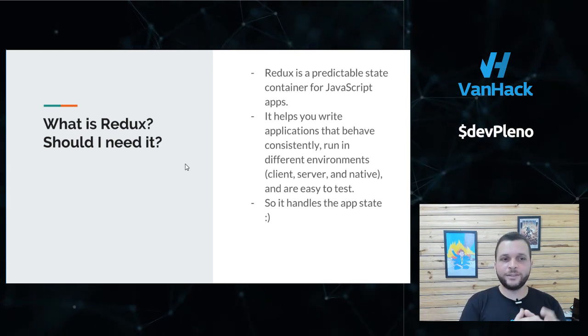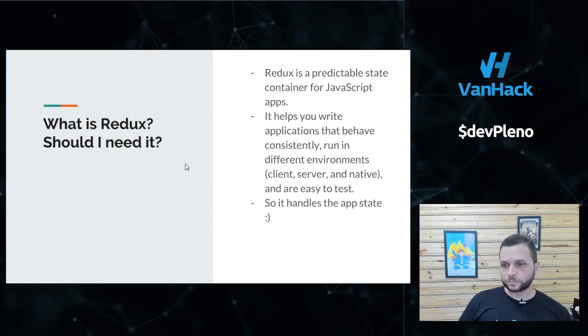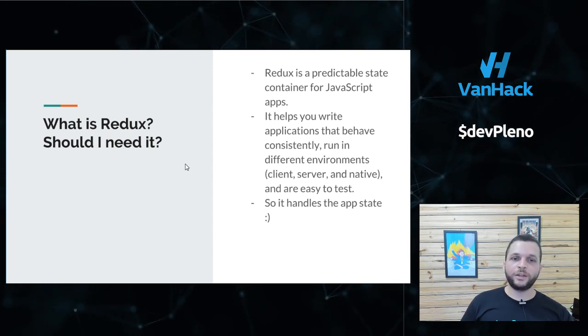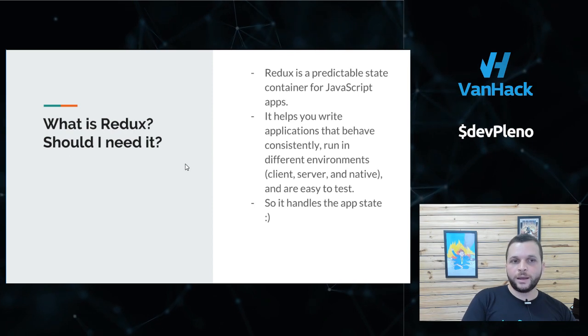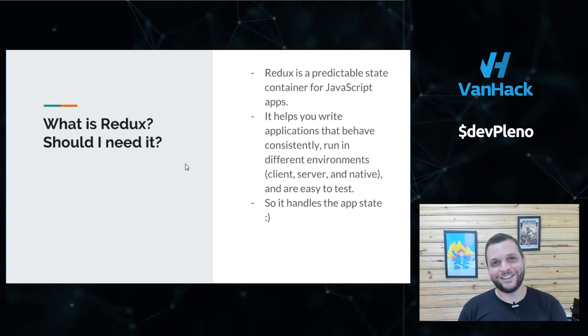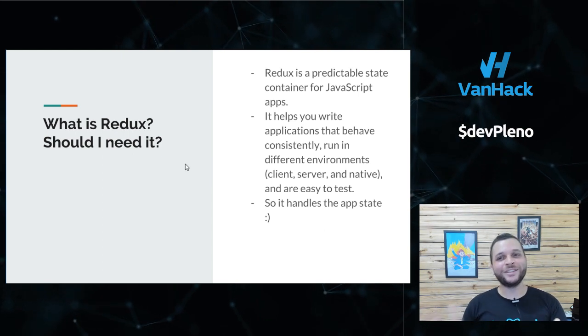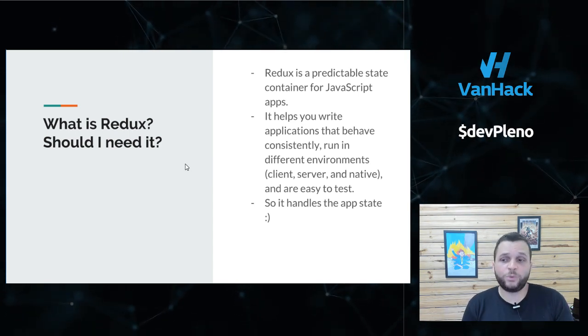Since this is just JavaScript, we can use it everywhere. We can create a Node.js application, for example, using Redux. It's not a very good practice, but we can try to do this if we want.